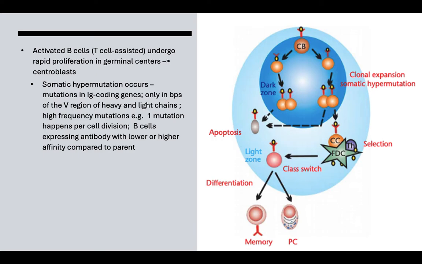Normally, these mutations are only single base pairs, so they change one at a time. However, the frequency of these mutations is very high, such that for each cell division, one mutation actually happens. That means, if a centroblast clonally expands 10 times, you expect that the 10th set of progeny is actually possessing 10 mutations already.